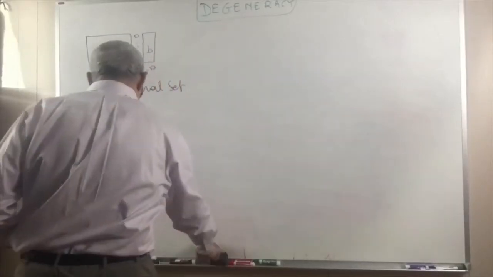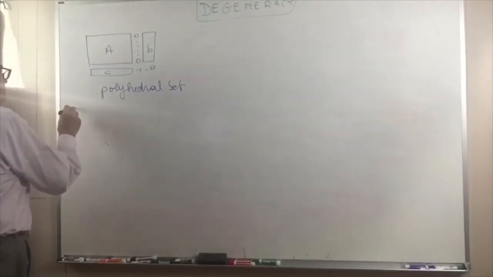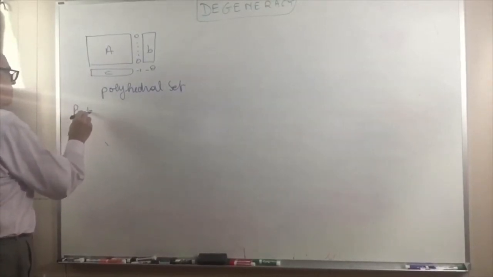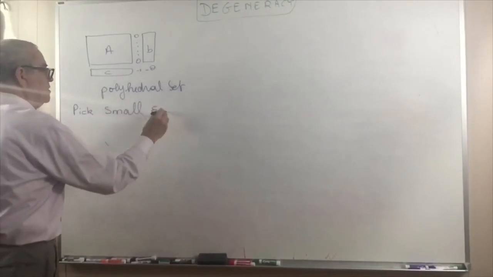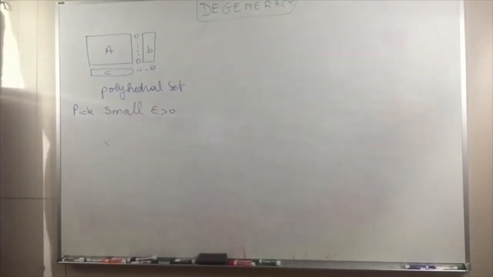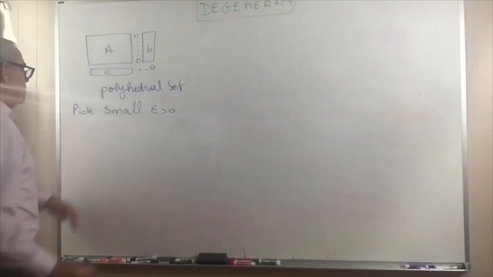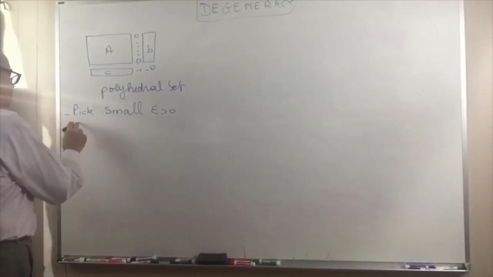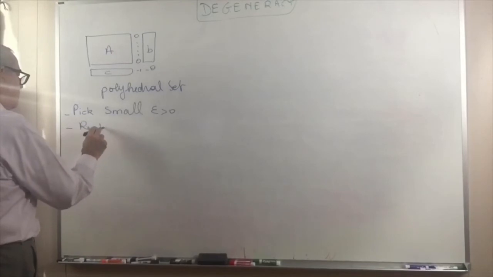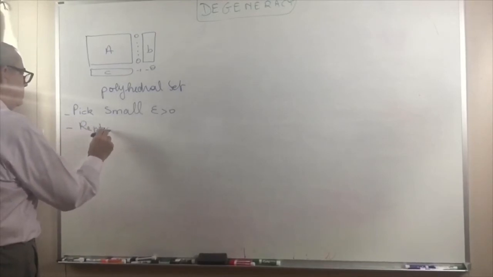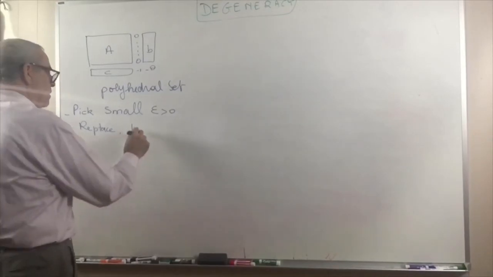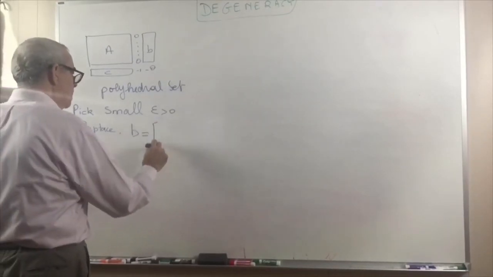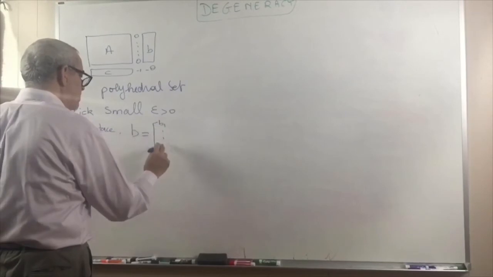So what I'm going to do here is pick a small epsilon positive. And then I'm going to replace b equal to b1, etc., bm.